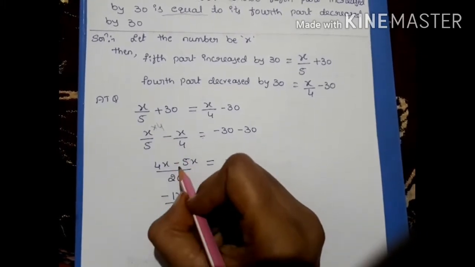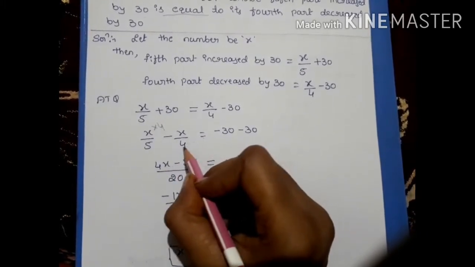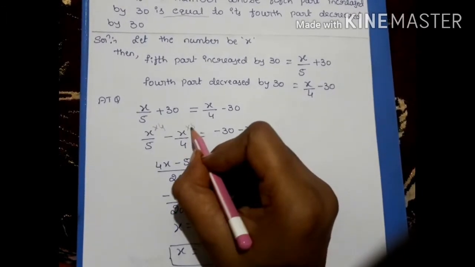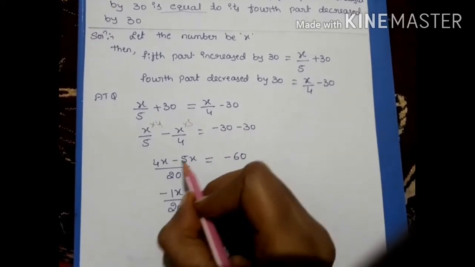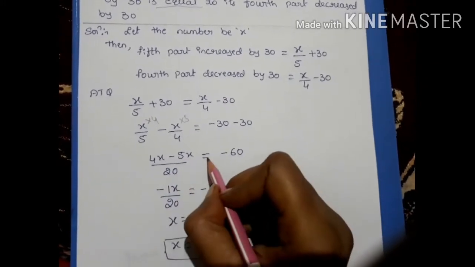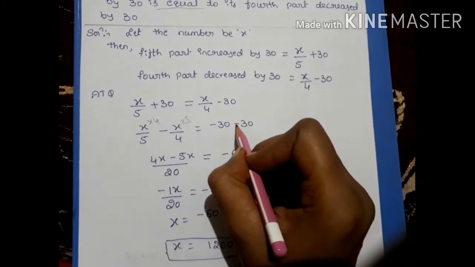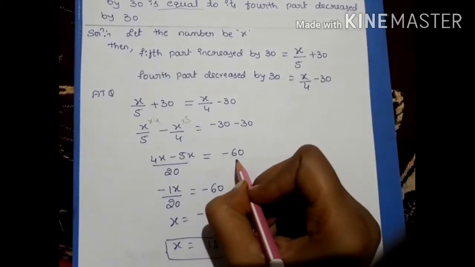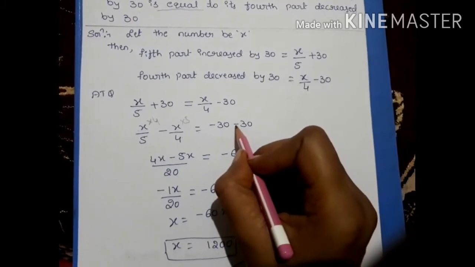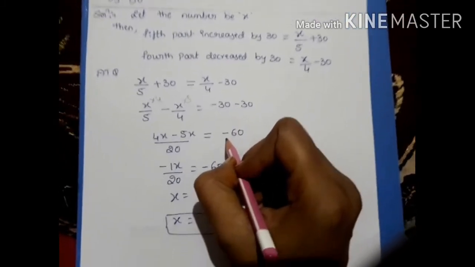Similarly, minus x by 4, LCM 20 divided by 4 is 5, 5 into x, 5x. 4x minus 5x divided by 20 is equal to minus 30 minus 30, 60. Both are the same sign, so write minus sign for 60.